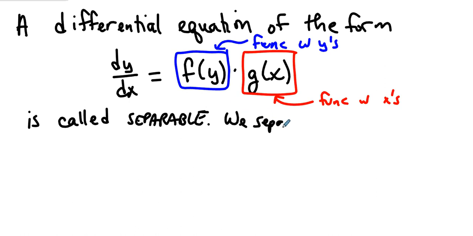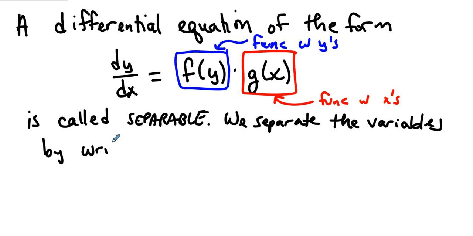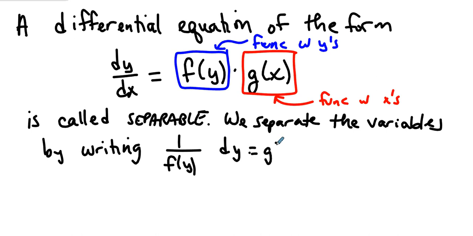We separate the variables by writing 1 over f of y dy equals g of x dx. And you can sort of imagine what's going on here.